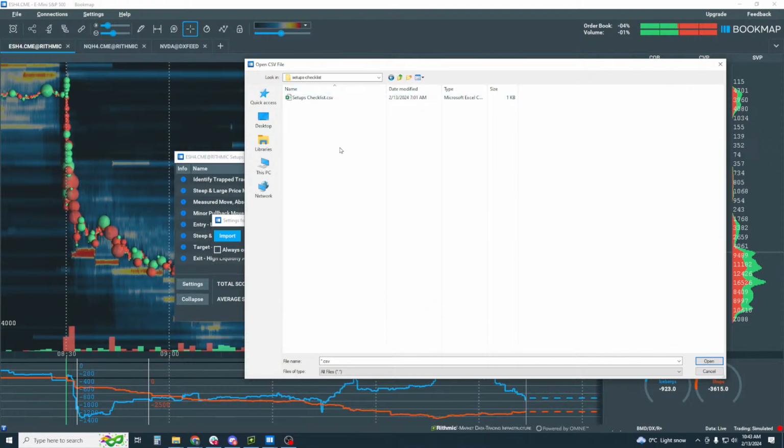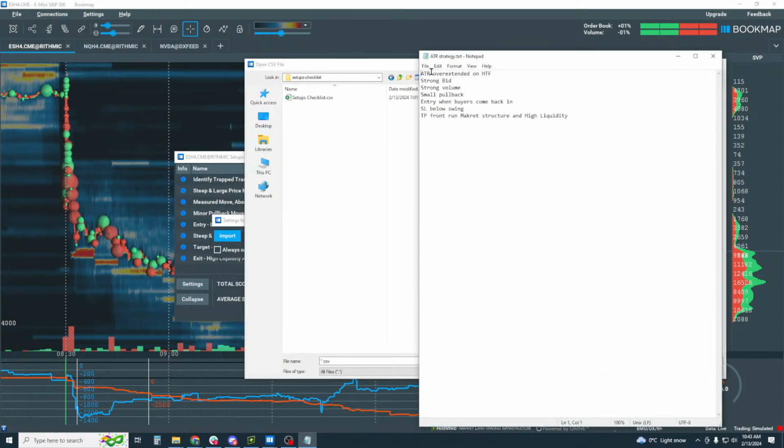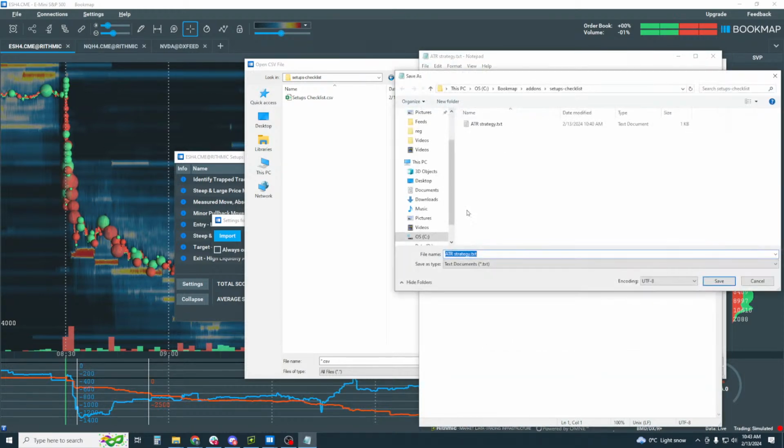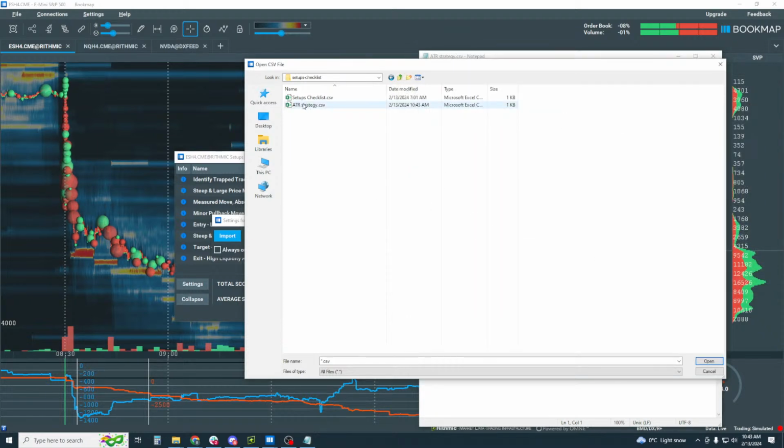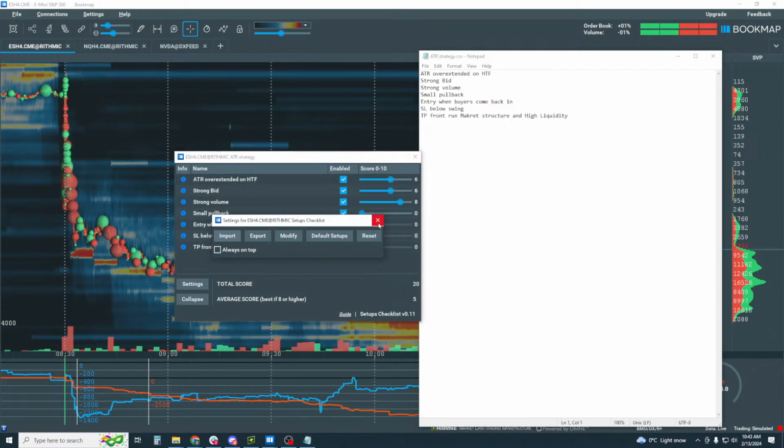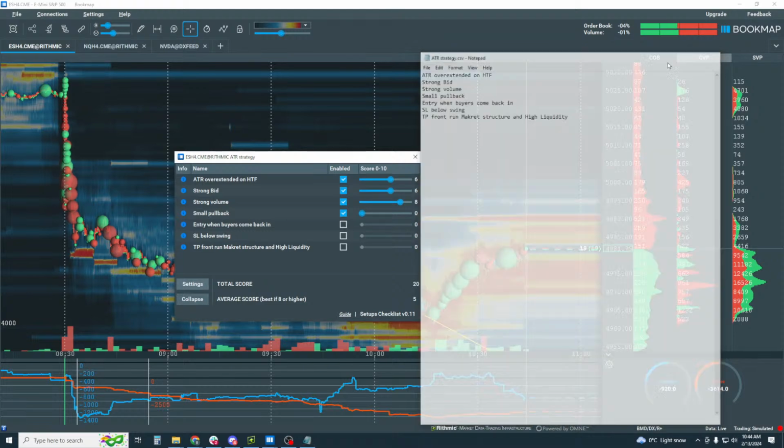And ATR should be in. Oh, maybe I didn't save it as a CSV. That's what it was. Let's open this again. Save as CSV. There it is. Add it in. And there we go.